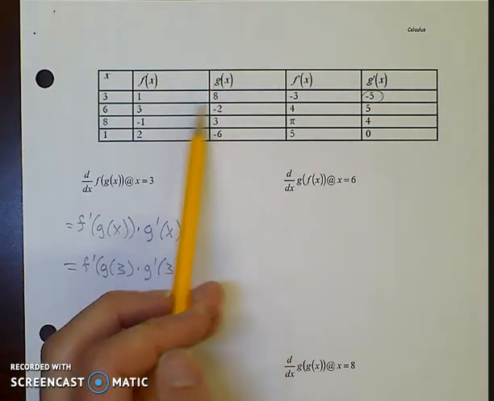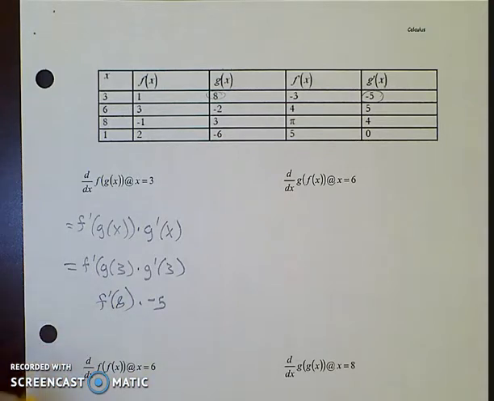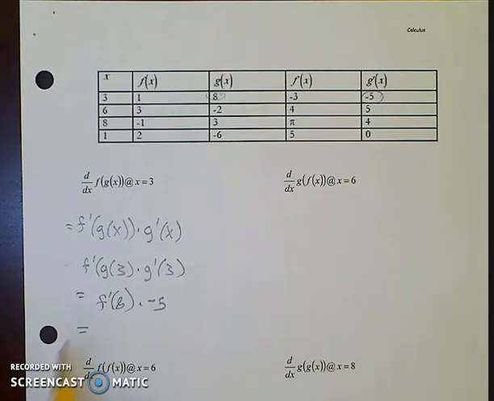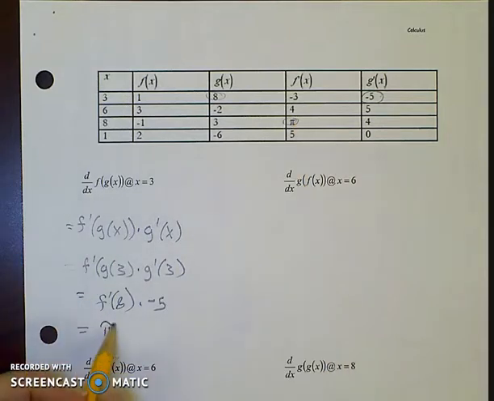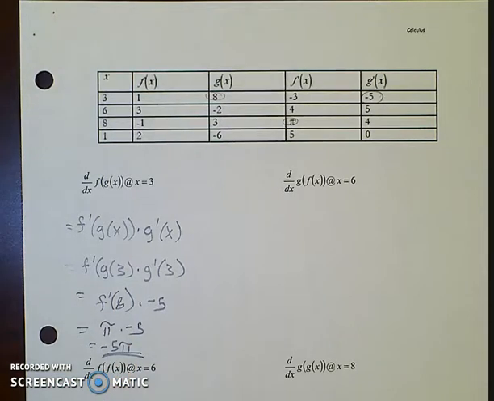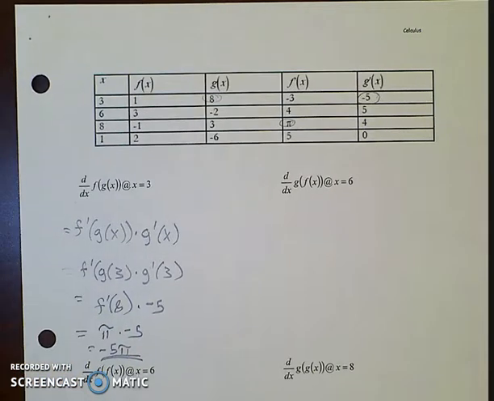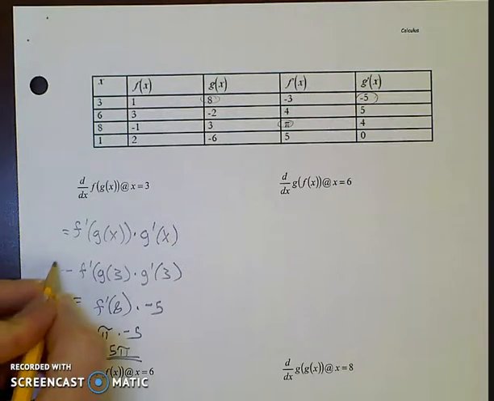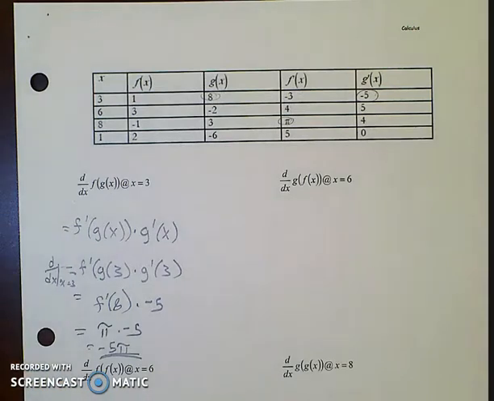G of 3 is 8. And f prime of 8 is pi. And negative 5 pi. If you wanted to use correct notation here, probably you would say d over dx at x equals 3 equals that. You want the correct notation.